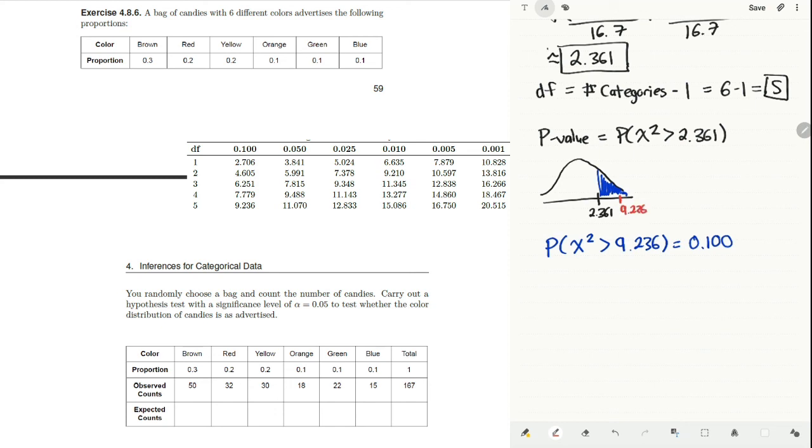And so this tells us that the p-value, which is the area to the right of 2.361, is going to be larger than 0.1. And so the p-value is going to be in between 0.1 and 1.